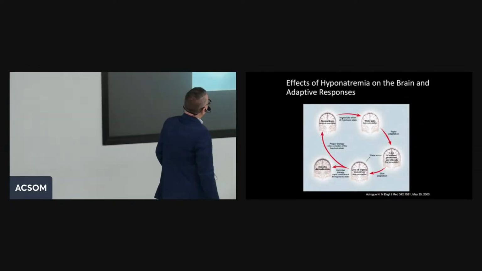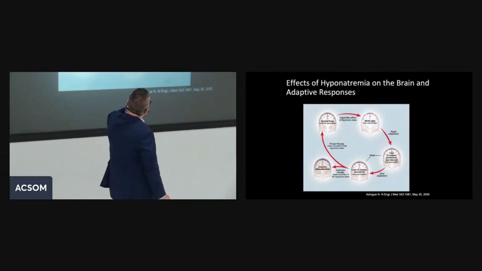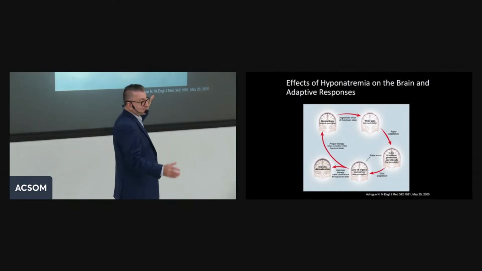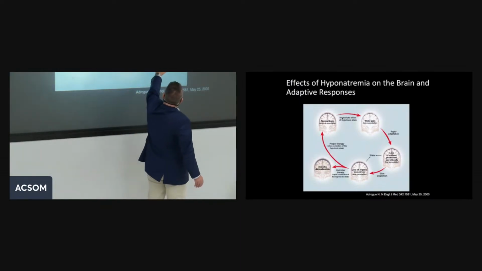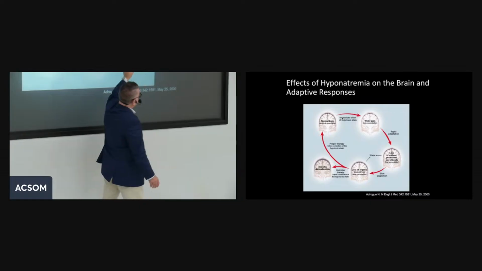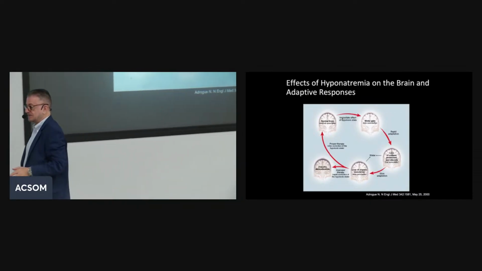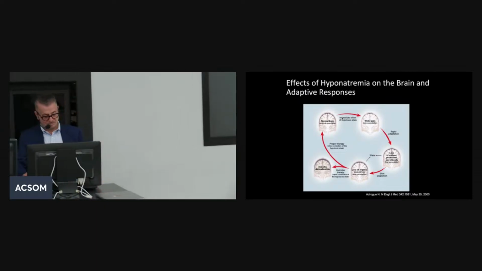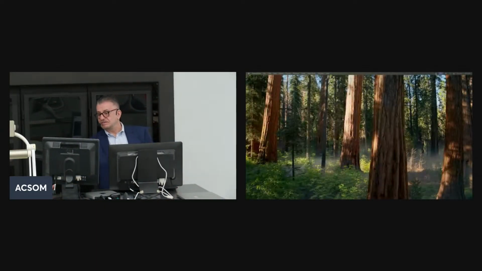So when you get hyponatremia, if you look at what happens to the brain, it gets too much water, right? So the body tries to get rid of some solutes in the brain.